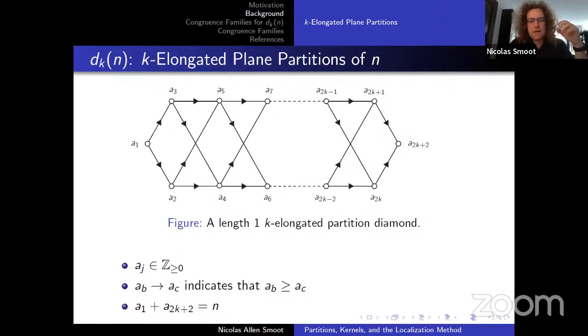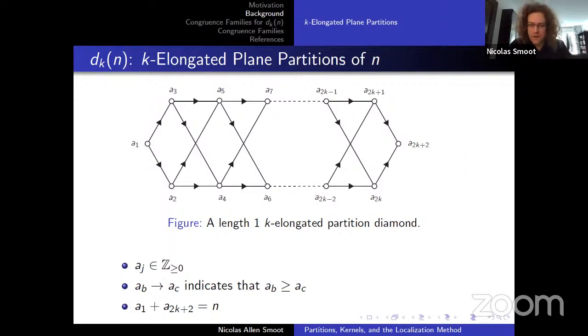So I give you a length 1 k-elongated partition diagram, or at least a sketch of what it looks like. It's a directed graph like this here. And the idea is each a_j is a non-negative integer. And if there's a directed edge from, say, a_b to a_c, that tells you a_b is greater than or equal to a_c. And what we're really interested in is the sum of the central nodes, in this case a_1 and a_{2k+2}. Now, that's a length 1 diamond.